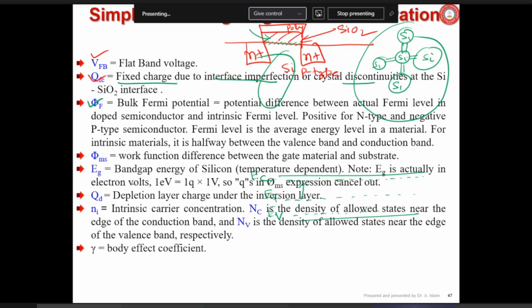Phi MS is the work function difference between the gate material and the substrate. Gate material is what? Polysilicon, and it is P-type. So the work function difference between these two is going to be phi MS. And Eg is the energy gap of the silicon here. Eg is actually in electron volts, that is 1 Q into 1 volt. So Q in phi MS gets cancelled.